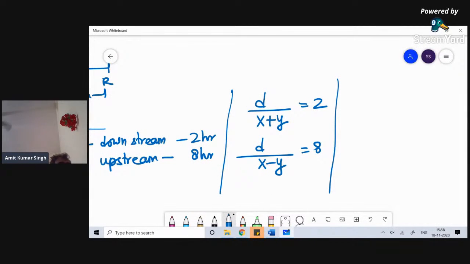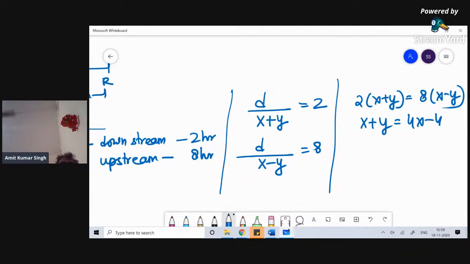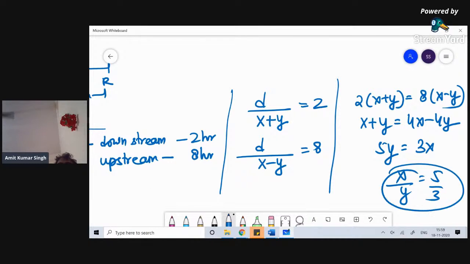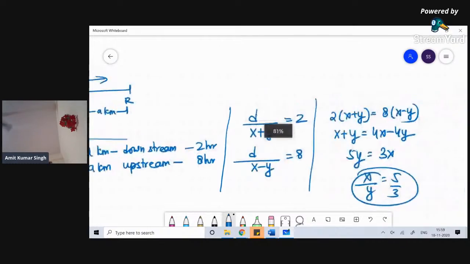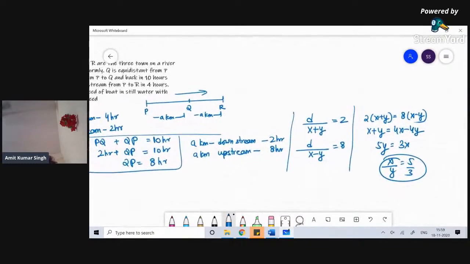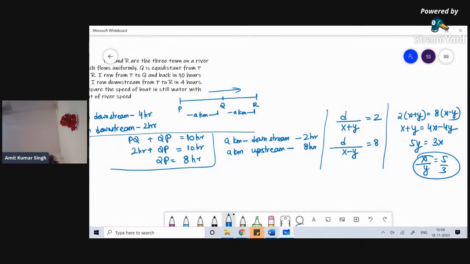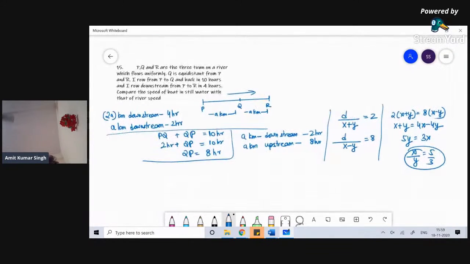So 2 into x plus y is equal to 8 into x minus y. So x plus y is equal to 4x minus 4y. So 5y is equal to 3x. So x by y is equal to 5 by 3. This is the ratio of the speeds. If you want to compare the speeds, this is how you do it.